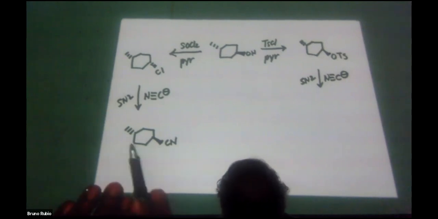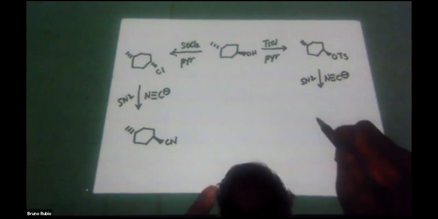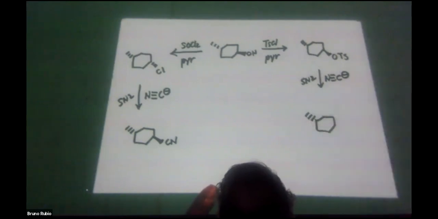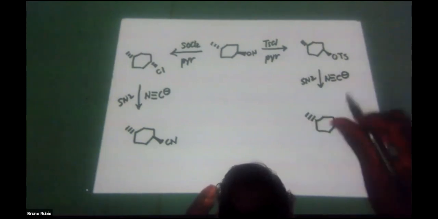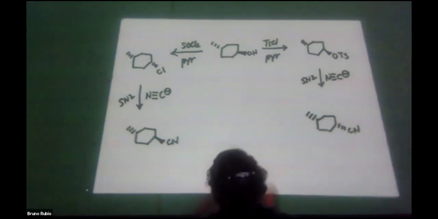And so notice this is trans. What happened over here? Well, this is another SN2 reaction. Wedge, wedge, wedge, pre-existing methyl group. The leaving group is on a wedge. The nucleophile is going to come in on a dash. So this is cis.